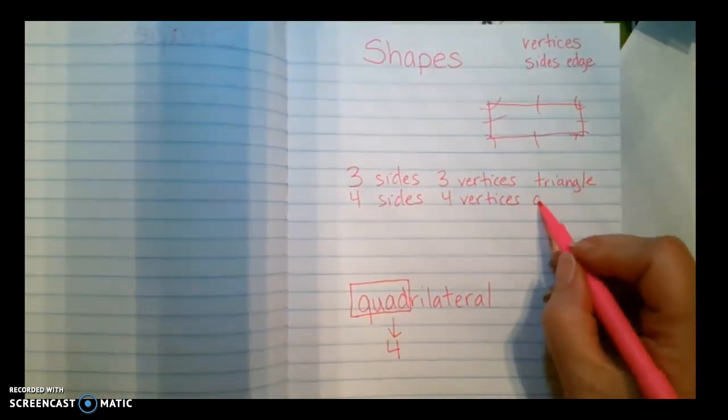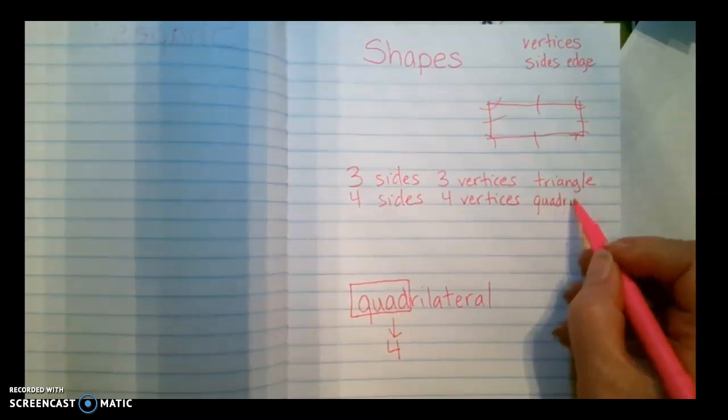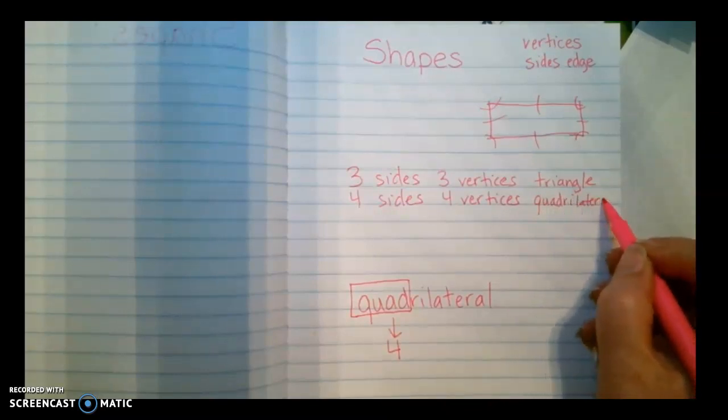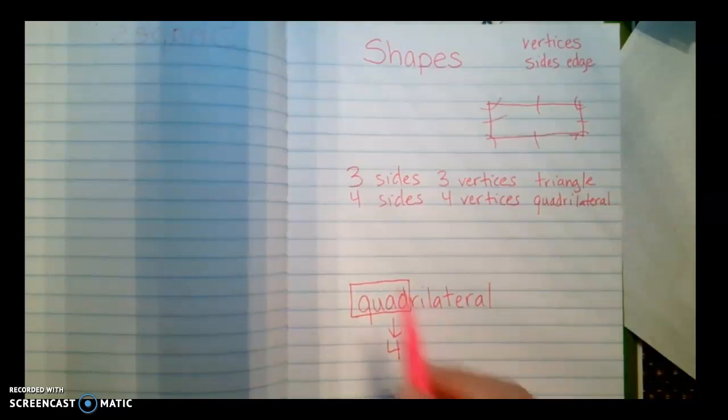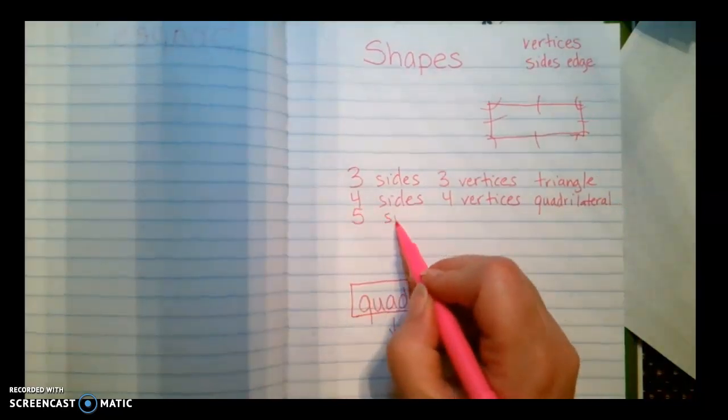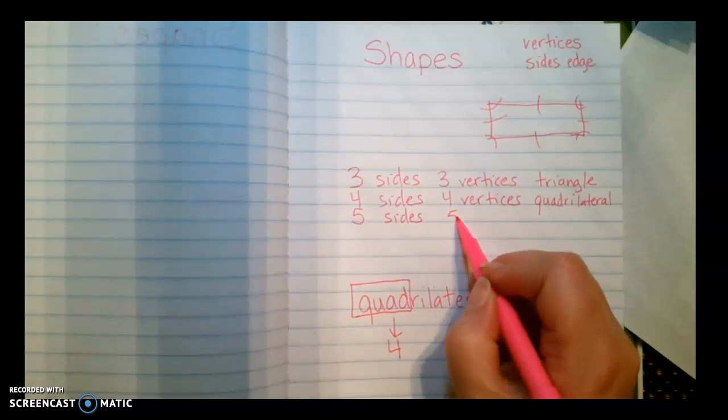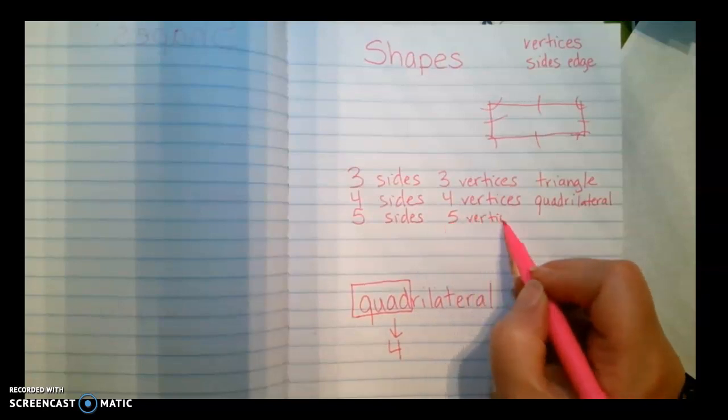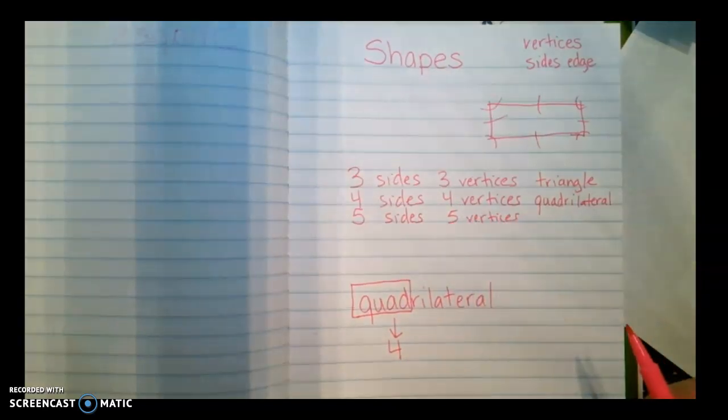And we just learned that those are all called quadrilateral shapes. We're going to look at shapes that have 5 sides and 5 vertices. Do you know what that shape is called? A shape with 5 sides and 5 vertices.